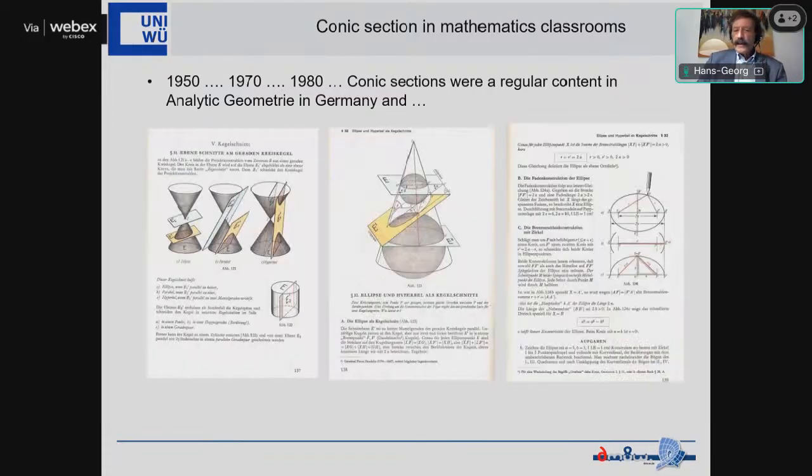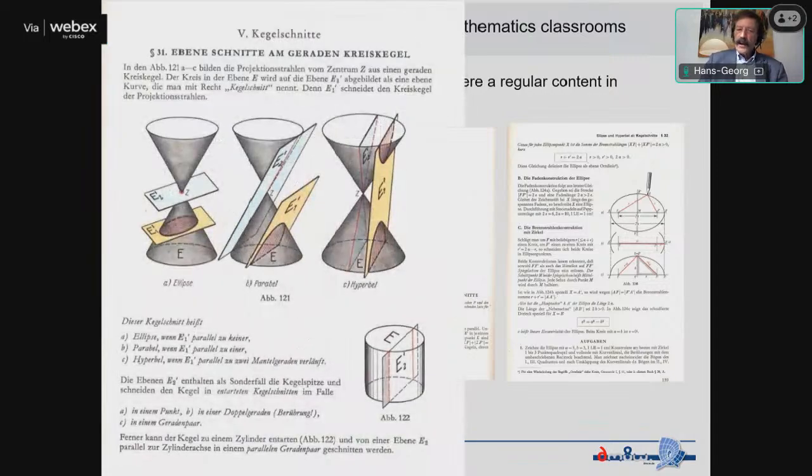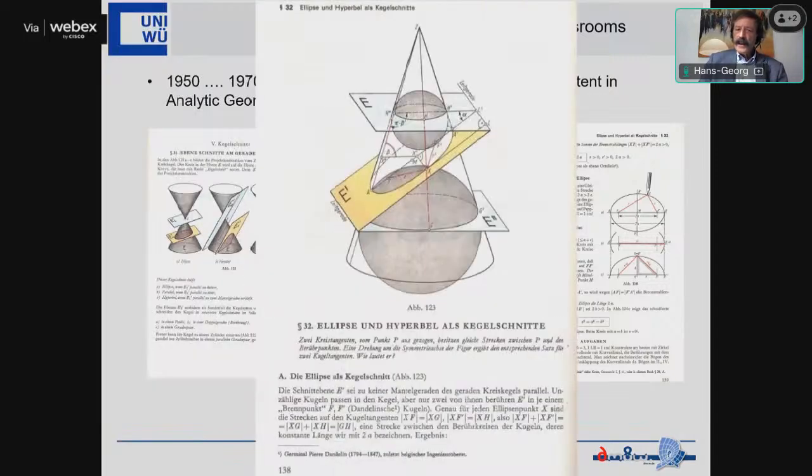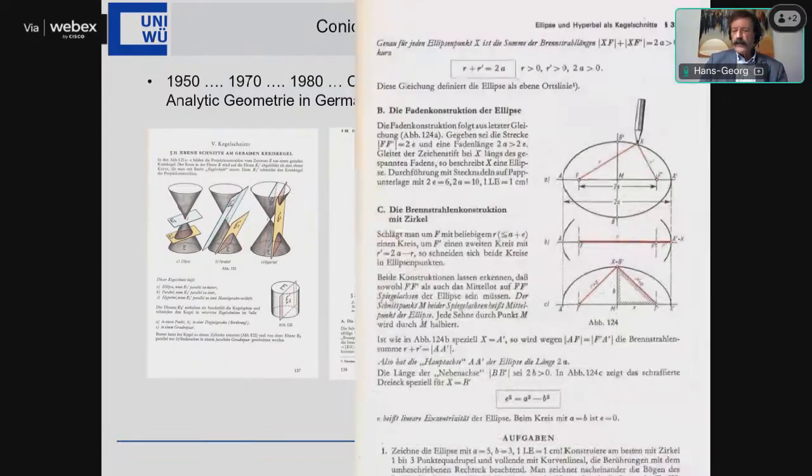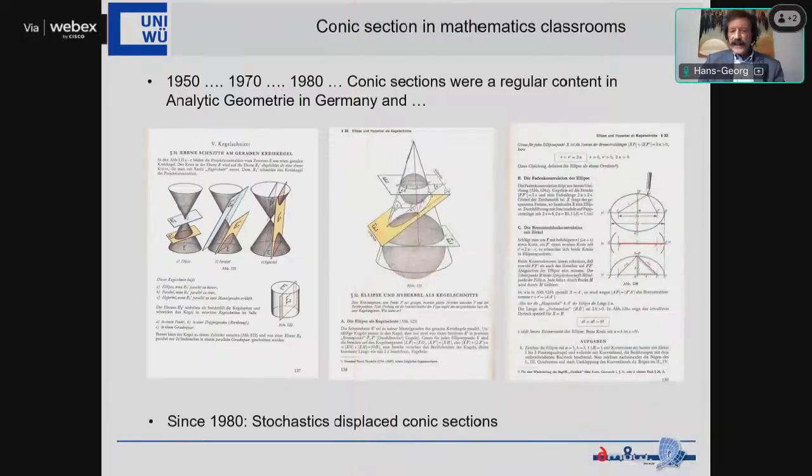And if we look at a textbook from 1970 and 1980, it's in German, but you see that conic sections are really done in a quite complex way. Yes, we come back to some of these pictures later, but then since 1980, the stochastics displaced the conic sections, because there was a new topic in mathematics education, stochastics, and you had to cancel some other subjects.